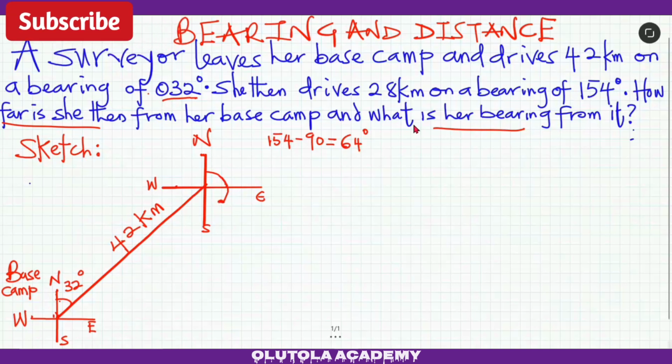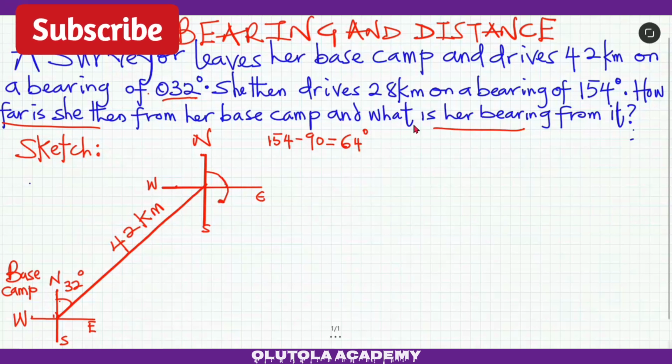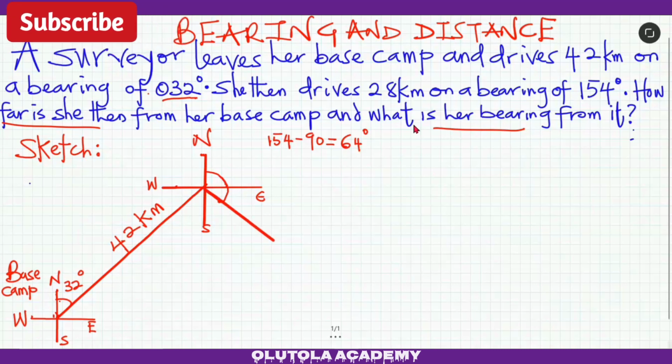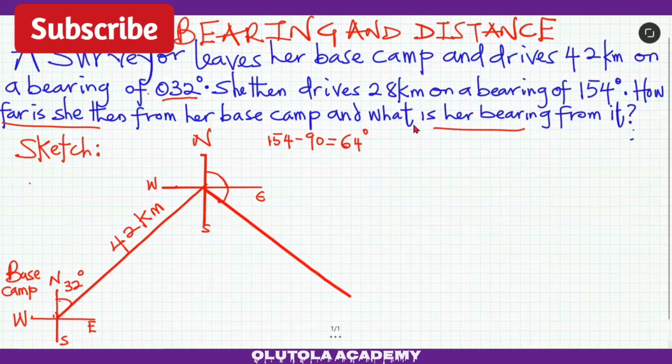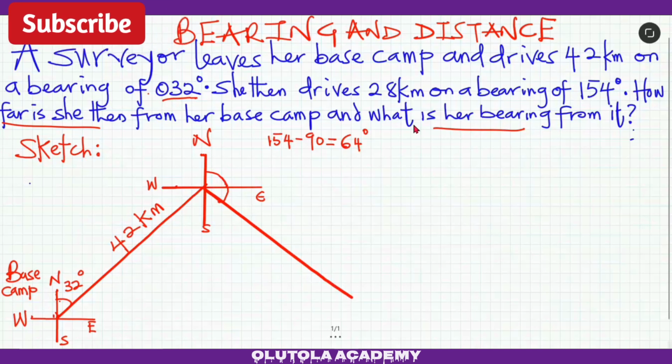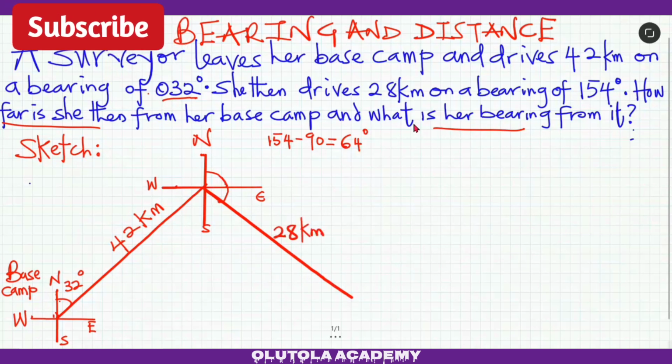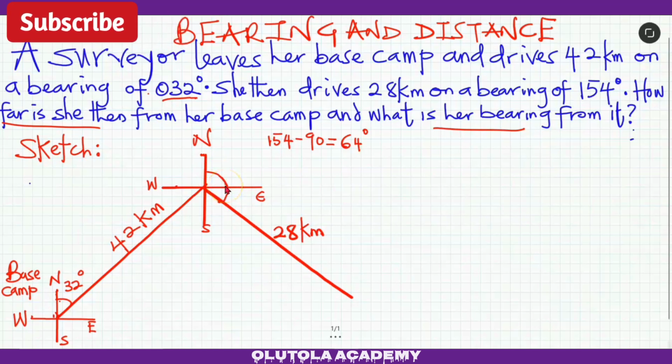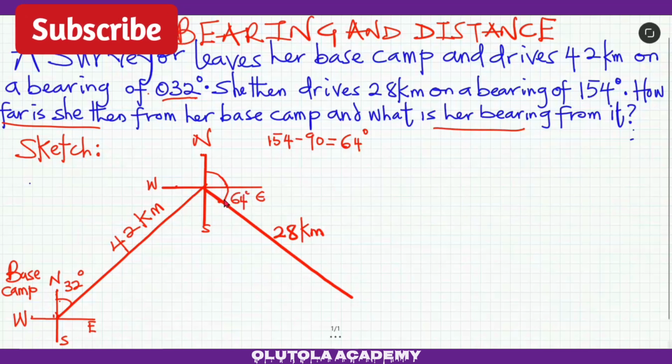So I'll take about this point up. This is about 28 kilometers, and from this point right down to this point is 154 degrees. From this point down to this point is 90, so from this point to this point will be 64 degrees.